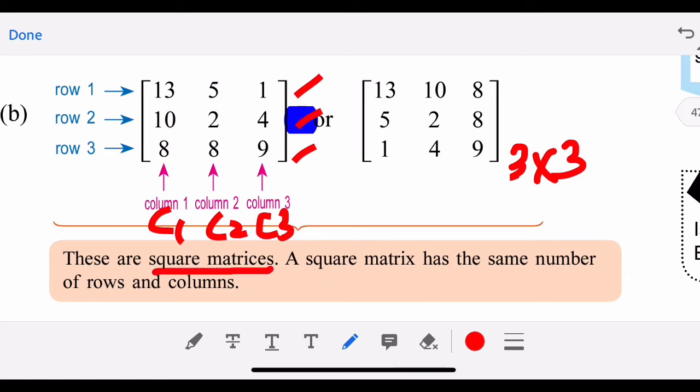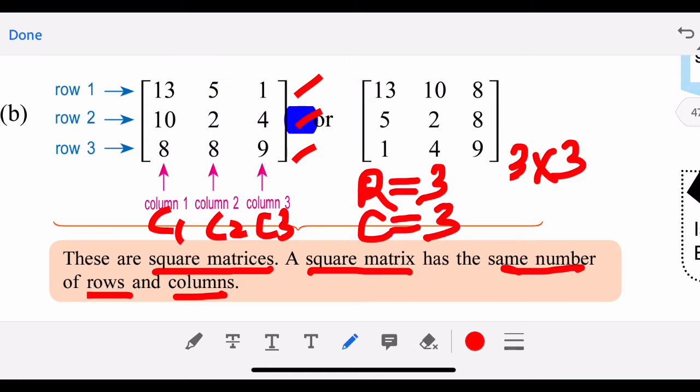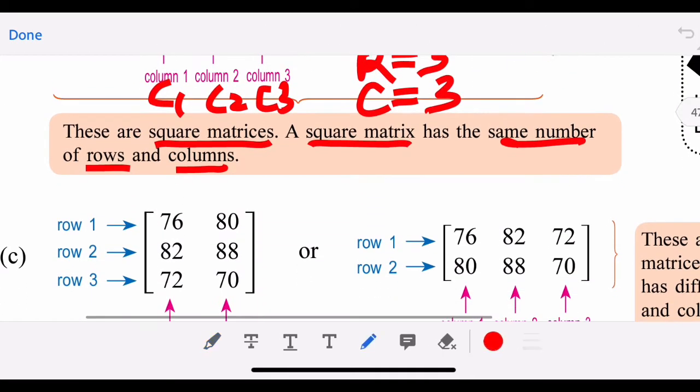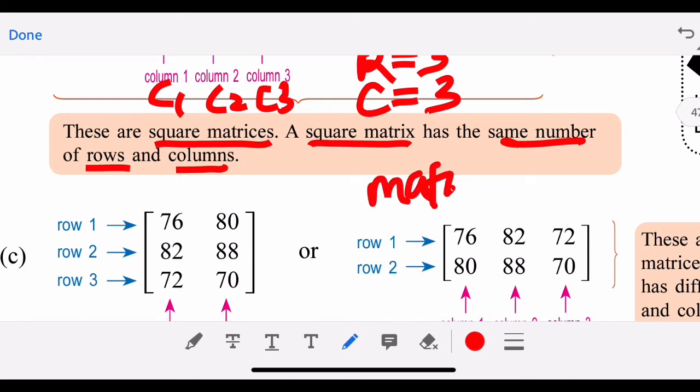So this is the so-called square matrix. A square matrix has the same number of rows and columns. The number of rows is 3, the number of columns is 3. They are the same. If you have more than one matrix, we call them matrices. If one, we call it matrix, right?